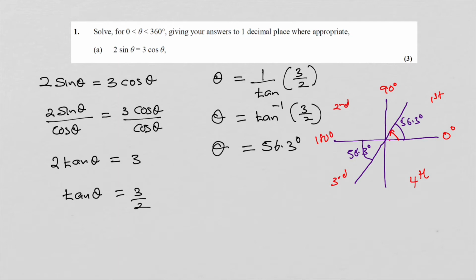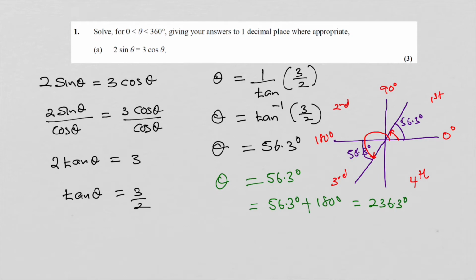The second angle starts from 0 all the way to there, which means we're adding 180 to 56.3 degrees. So theta will be 56.3 degrees, and the second one will be 56.3 degrees plus 180 degrees, and that will equal 236.3 degrees.